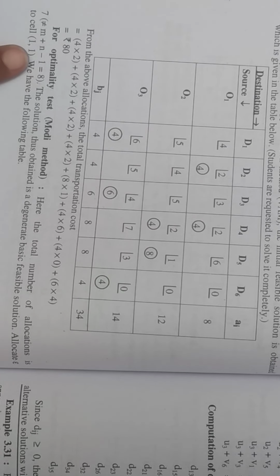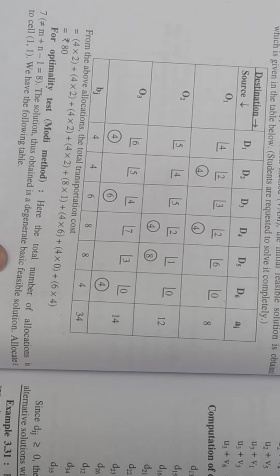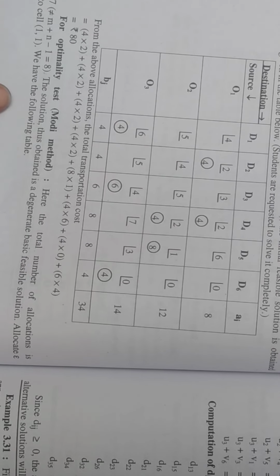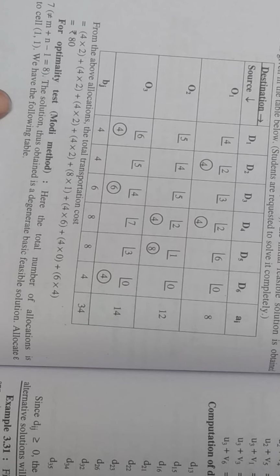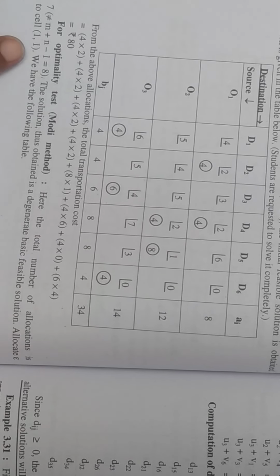So the allocations are not equal to m plus n minus 1. The solution that we obtained is a degenerate basic feasible solution. In the last video we saw how to resolve degeneracy in the transportation problem. So we allocate epsilon to the cell (1,1).